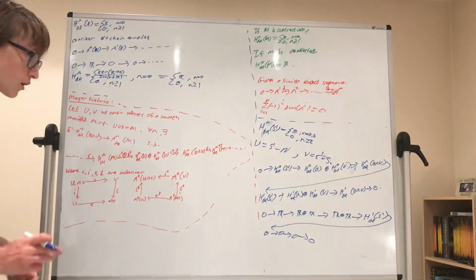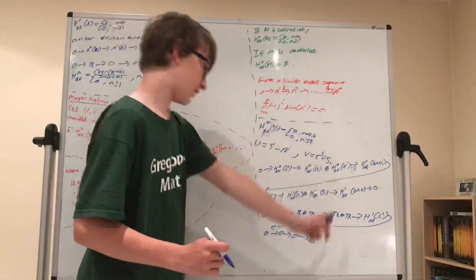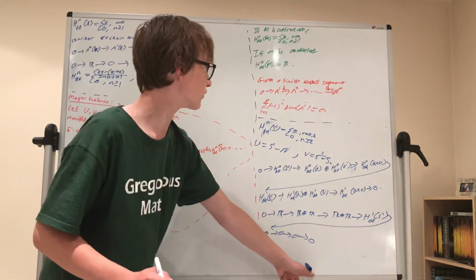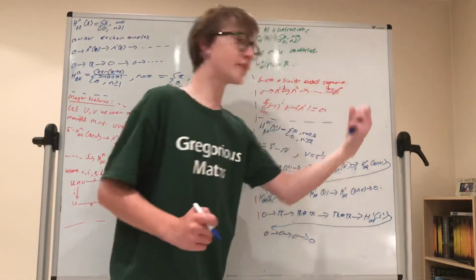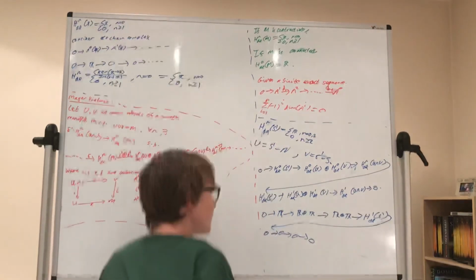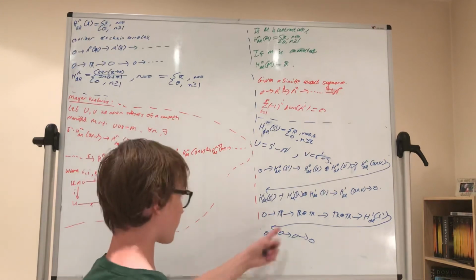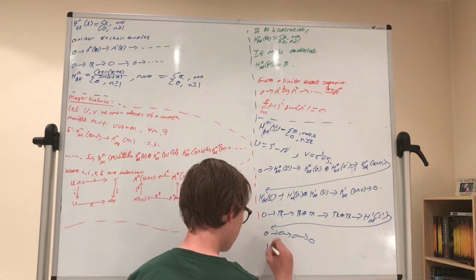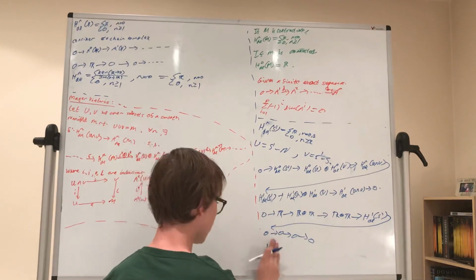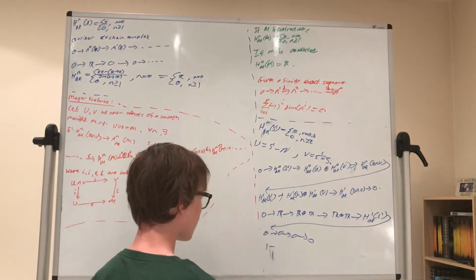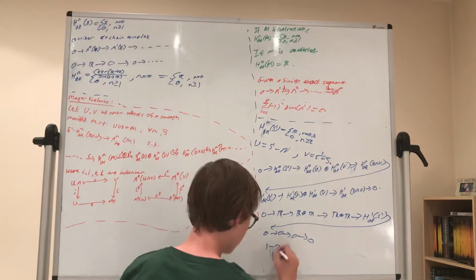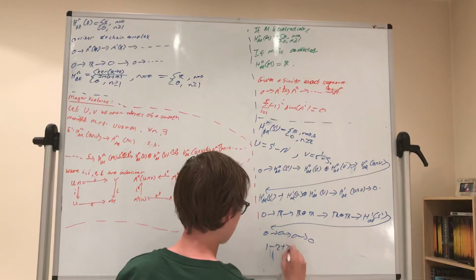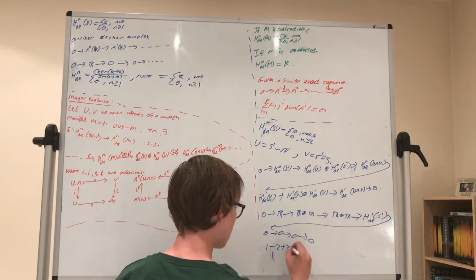Now this is a finite exact sequence, so we can apply this theorem. What's the dimension of 0? 0. What's the dimension of R? 1. Minus, sorry, alternating signs. What's the dimension of this? 2. What's the dimension of this? 2. What's the dimension of this? We don't know.